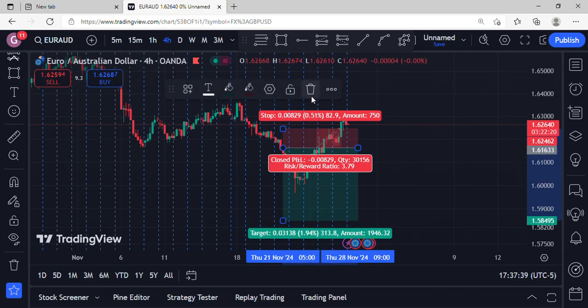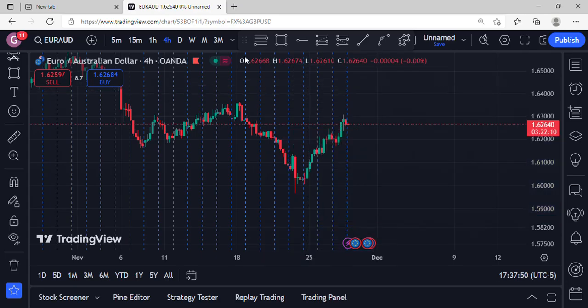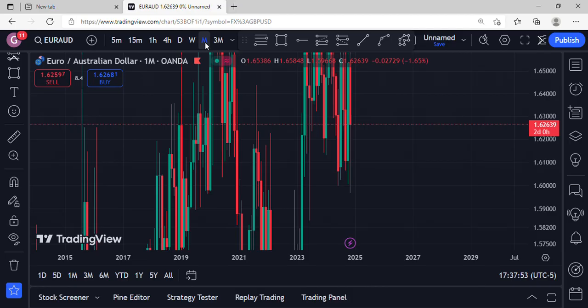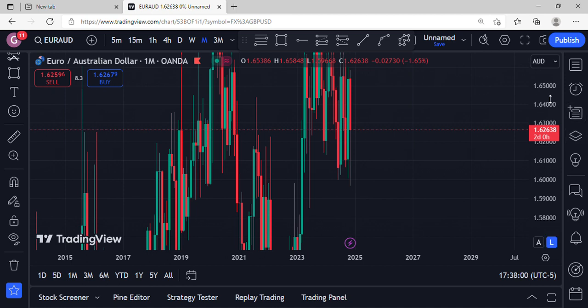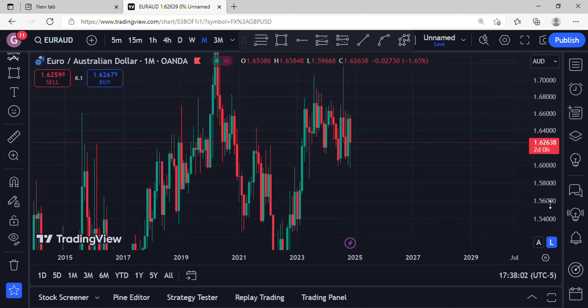But now I want to go through what made me change my idea or my bias on Euro. So going into the monthly, this is what I saw.